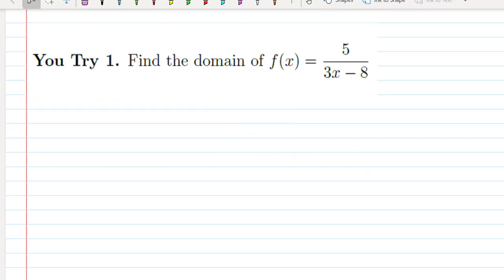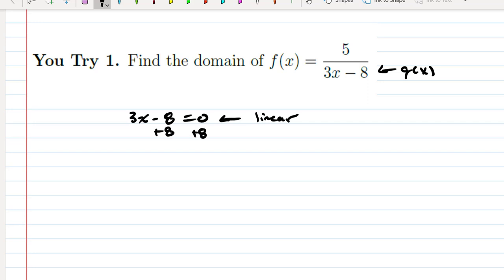All right, so to find the domain for our u-try, we identify our q of x, which is 3x minus 8, and we need to solve 3x minus 8 equals 0. Well, this time it's a linear equation, and we solve linears by just getting x by itself. So we add 8, we add 8, so we get 3x equals 8. We divide by 3, and we get x is equal to 8/3.